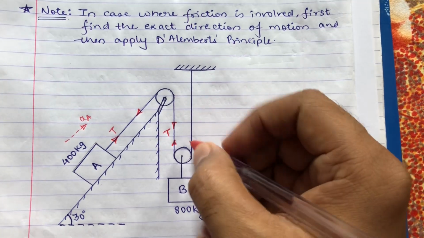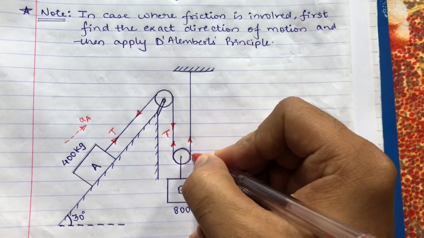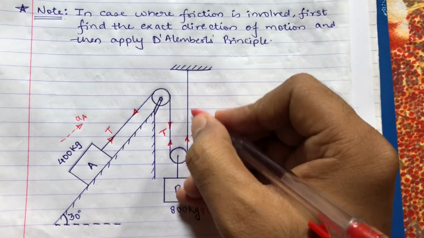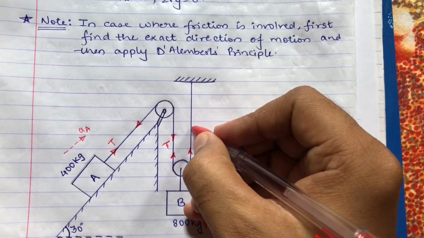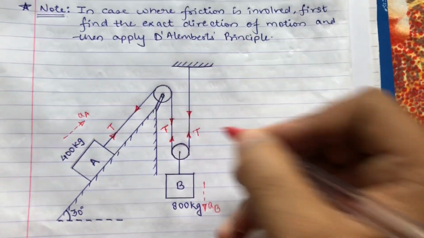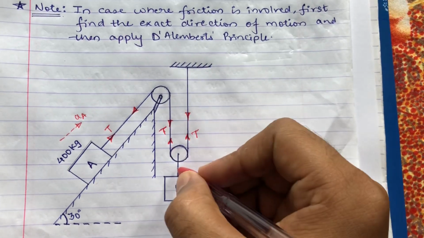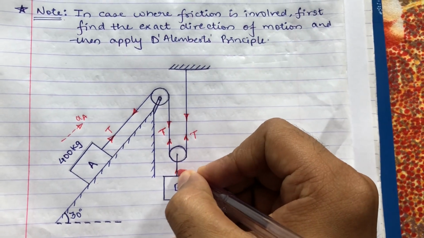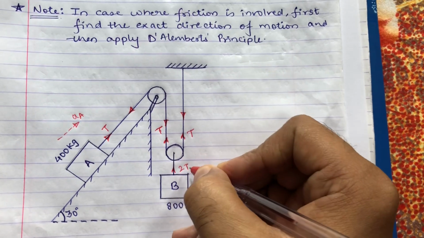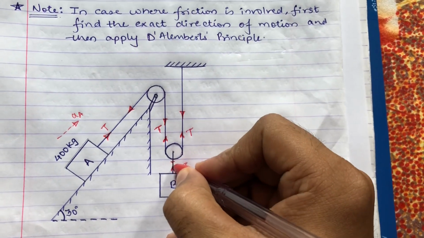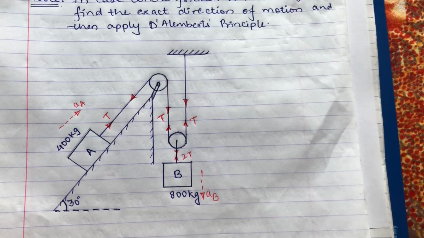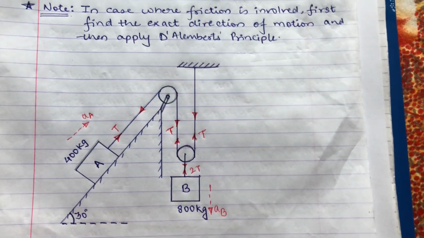The same string goes above, so away from the pulley T and away from the support, that is also T. If these two T are matched up, you will get away from the block 2T and away from the pulley the same way. I hope you understood this tension.